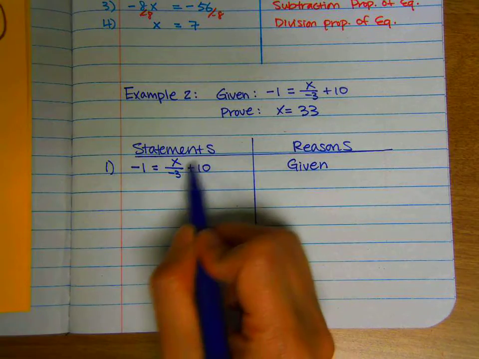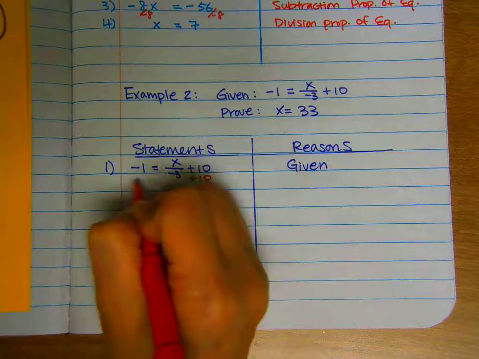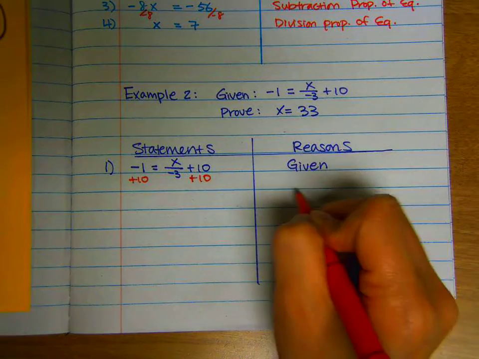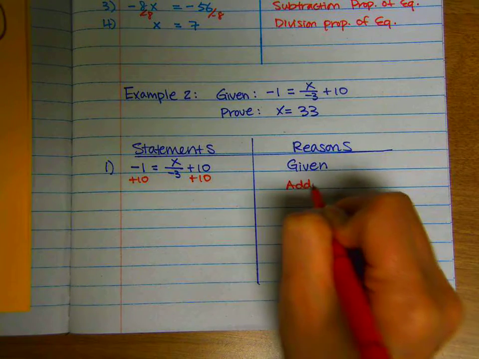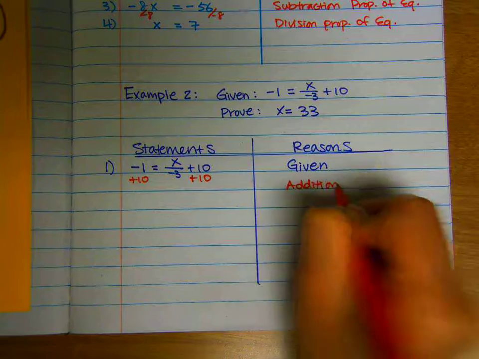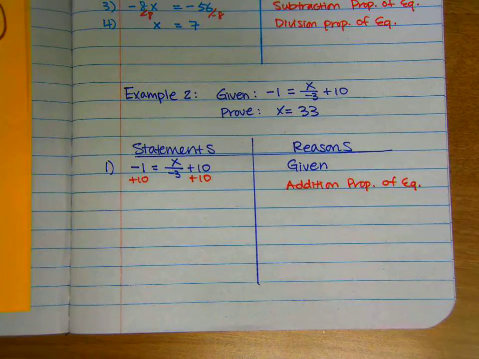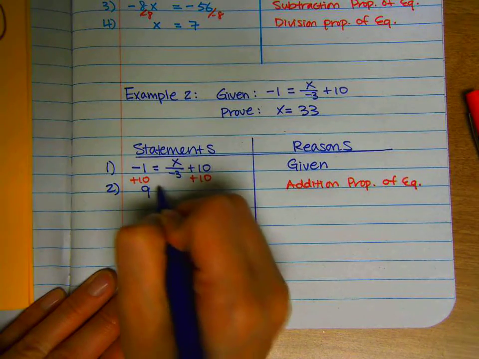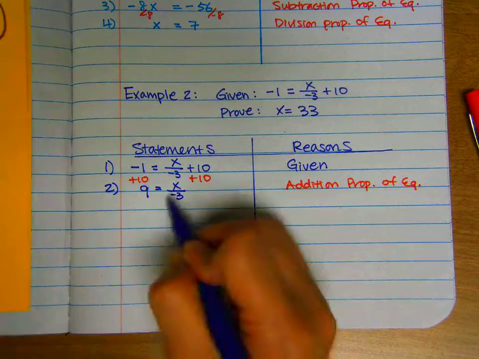The first step I need to do is get rid of the 10, which means we have to add 10 on both sides. Add 10. So I'm going to write down addition property of equality. So the second step is, negative 1 plus 10 is 9, equal to x over negative 3.